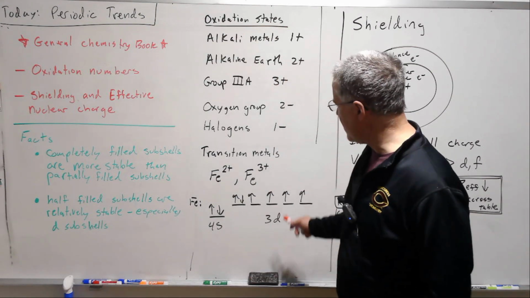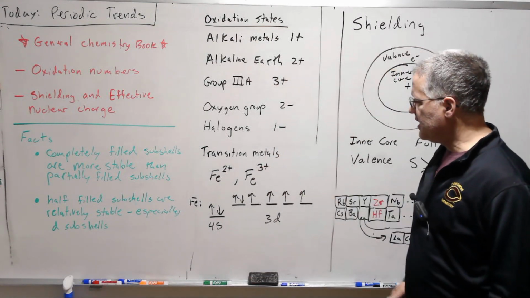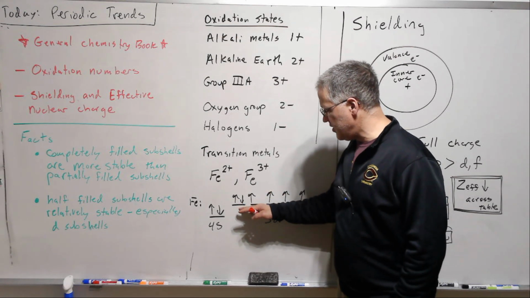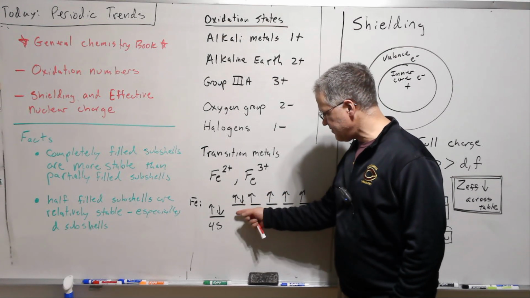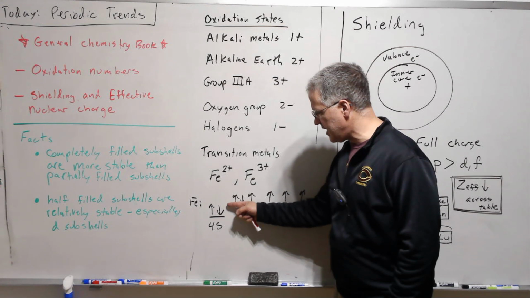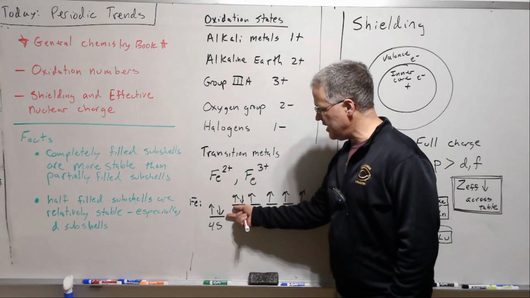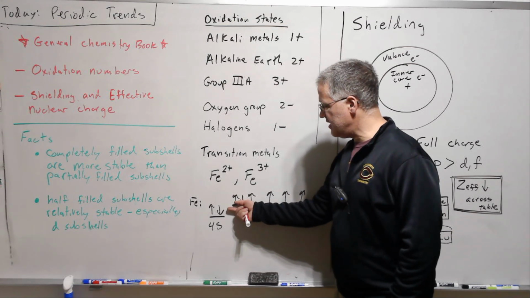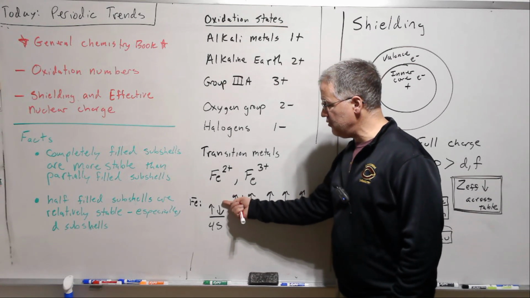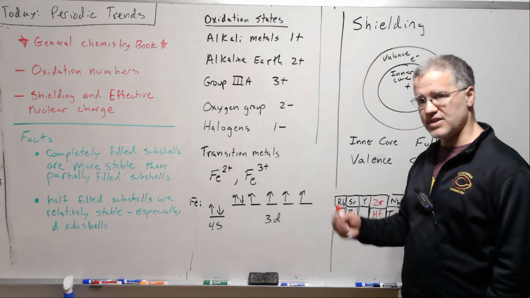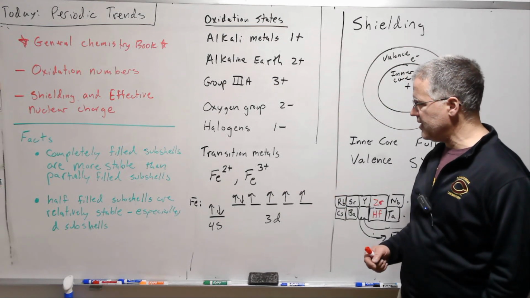The transition metals are a little different. When the electrons are filled in the transition metal, the spin pairing energy that we talked about last time on this 4s makes these very close. In fact, it's often easier to lose these 4s electrons than to lose the d electrons. It kind of depends on the situation.